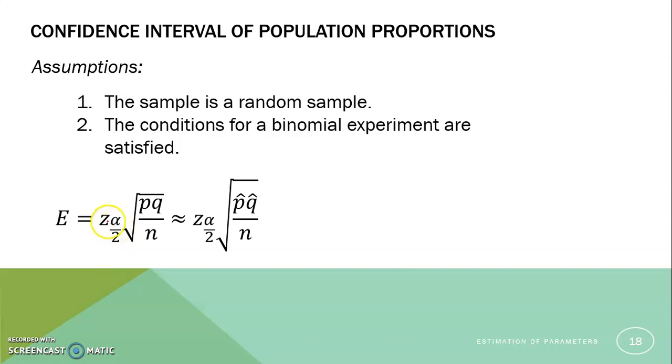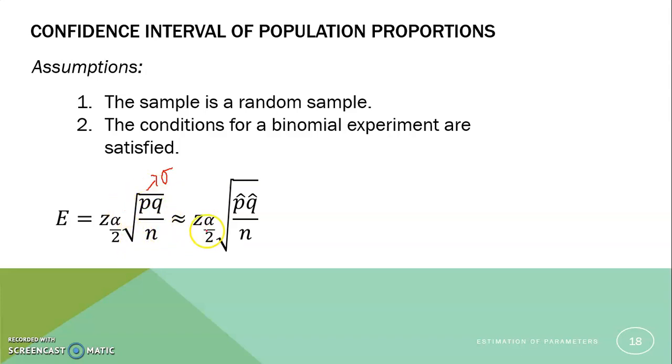It is the same as getting the confidence interval for the population mean when the standard deviation is known. The difference is that we multiply it by the standard deviation of our P hat, that's the square root of PQ over N.